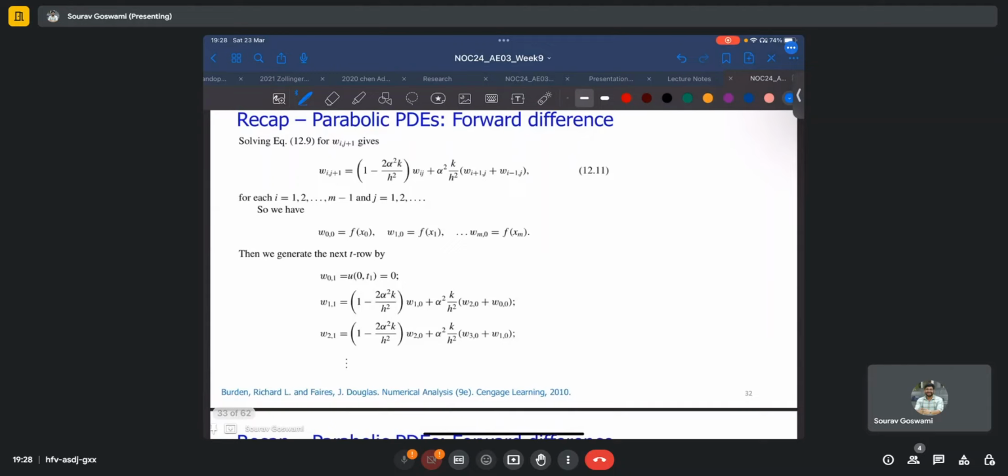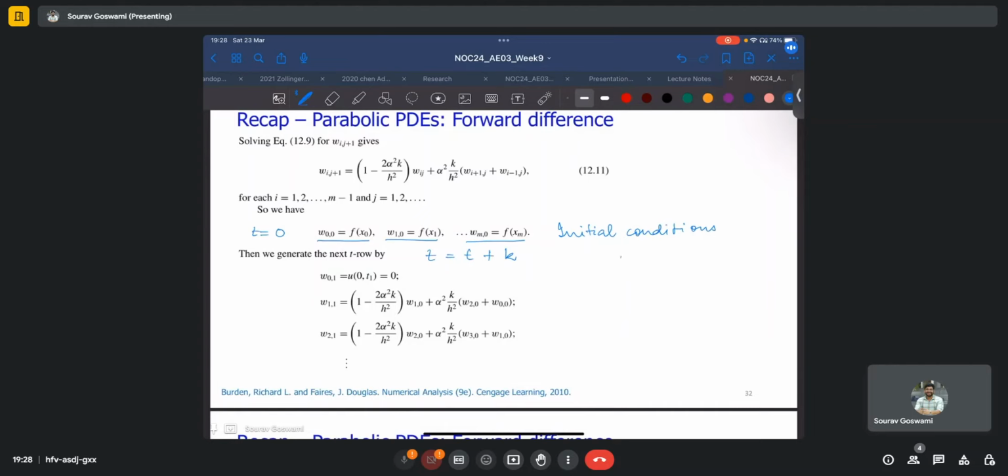Once we have the solutions at each of the edges, so in terms of the function, w_00, w_10, these are coming from the initial conditions. We can generate the next row: we have this row at t equal to 0, and we generate the next row at t plus some time step, which was k.